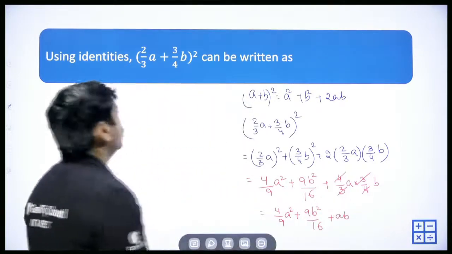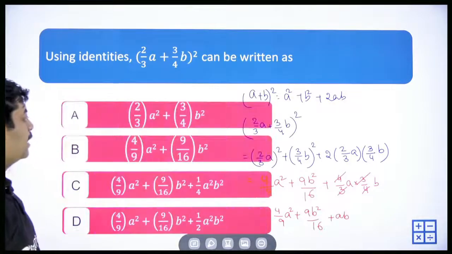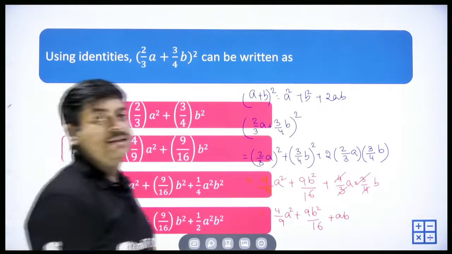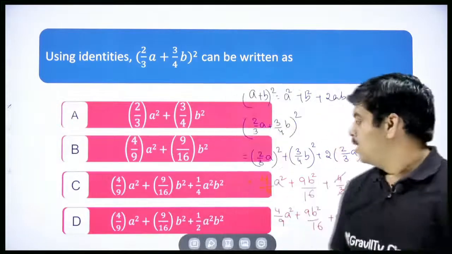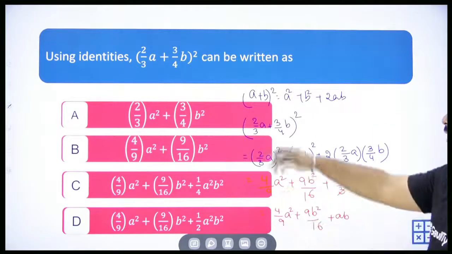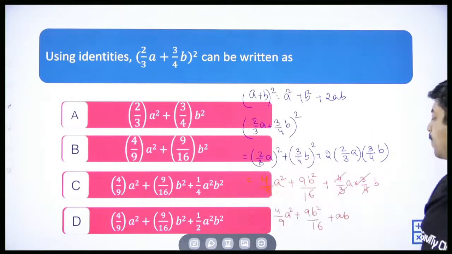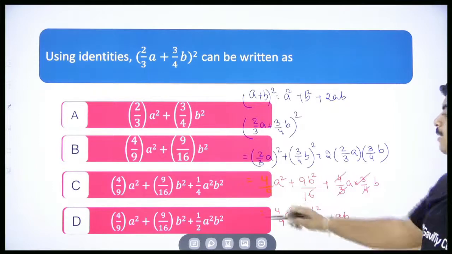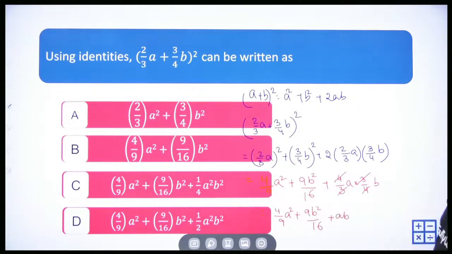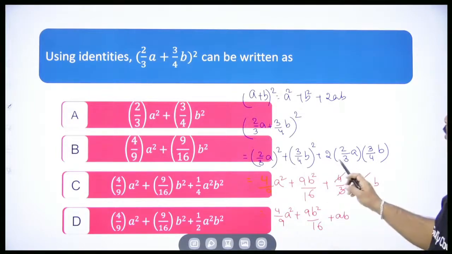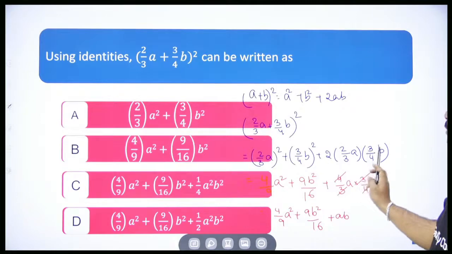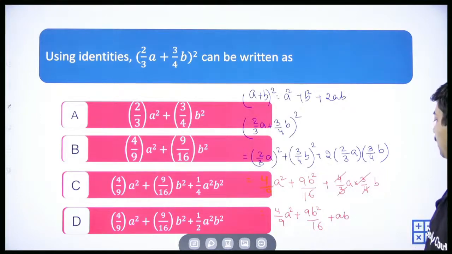Right? So using identities, this can also be written as, so kindly check which option matches that answer. 4 by 9 a square plus 9b square by 16, okay, plus ab, do we have that? Why plus ab, from where did we get ab? 2 by 3 into a into 3 by 4 into b, so that will give you plus ab, as the rest got cancelled, right?